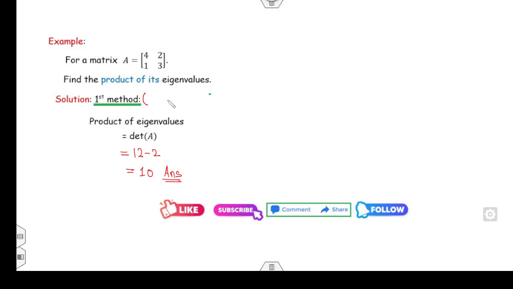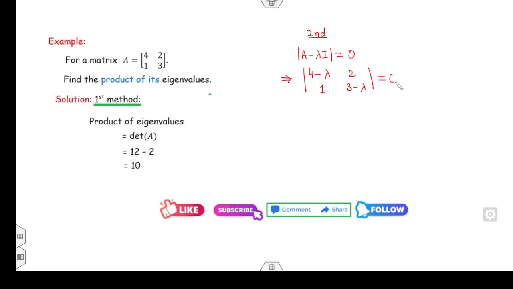Always remember, the first method is very useful once you are entering CSIR NET, GATE, IIT JAM, or any of the competitive examinations. By using the second method, how can you do that? I can write the characteristic equation, determinant of A minus lambda I, which is 0. So that implies 4 minus lambda, 3 minus lambda, 1 and 2 is equal to 0.